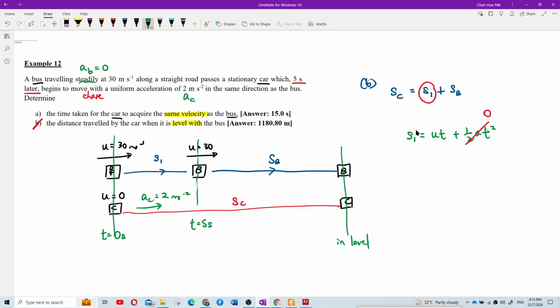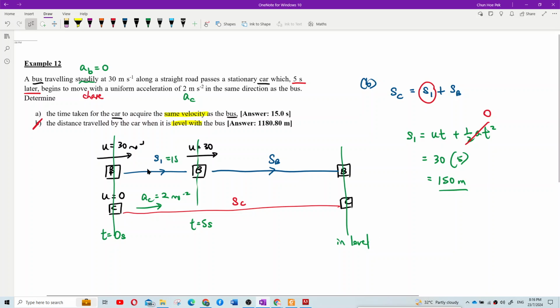So the velocity of the bus is 30 meters per second, and for 5 seconds, this is 150 meters. So the bus has moved 150 meters to the front, but the car has not moved yet.